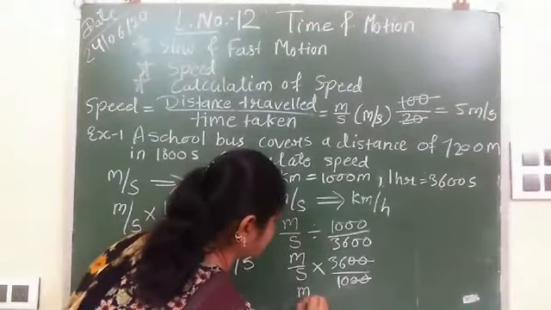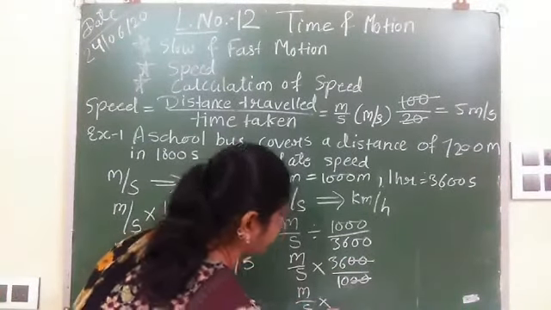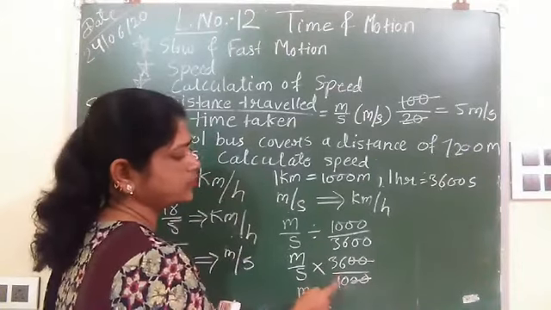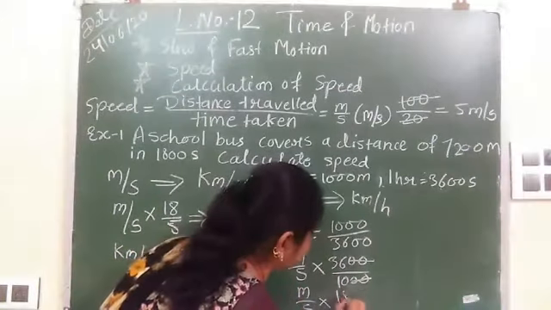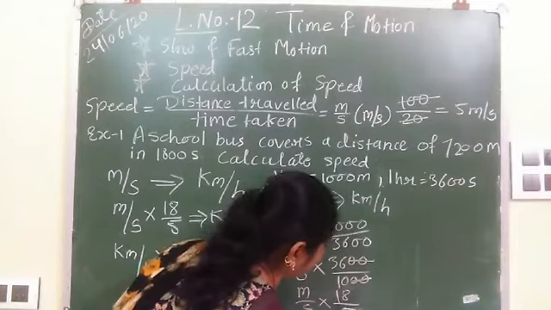So here second, the table of 2 goes in both, 18 by 5.